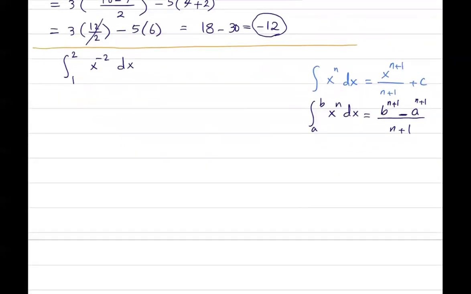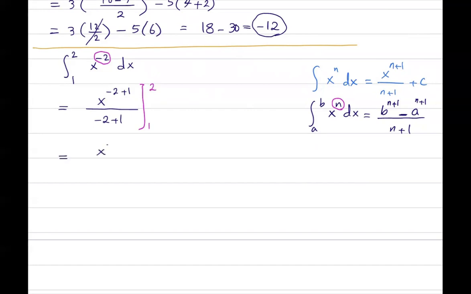So let us identify n. n is the exponent of your x, which is, in this case, negative 2. So this integral can be written as x to power negative 2 plus 1 divided by negative 2 plus 1, as your x ranges between 1 to 2.